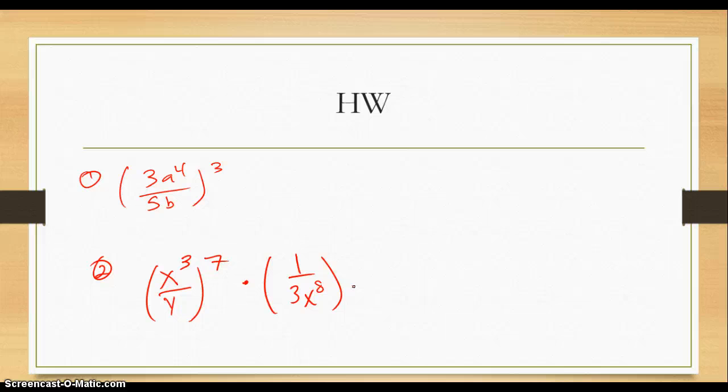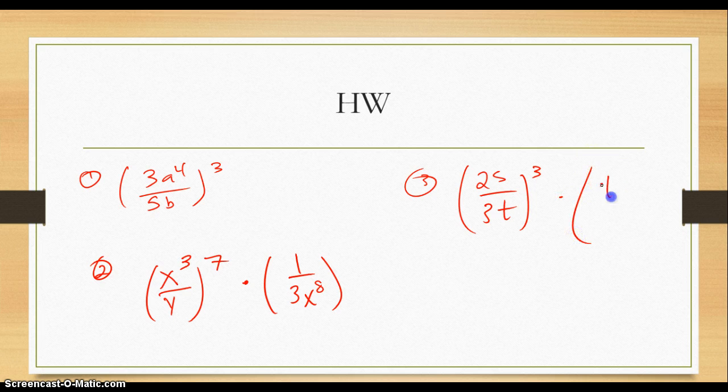And why don't I give you one more? Let's go with (2s over 3t on the bottom) to the 3rd power times t to the 5th over 16. Okay, remember, simplify as far down as you can on these 3 problems.